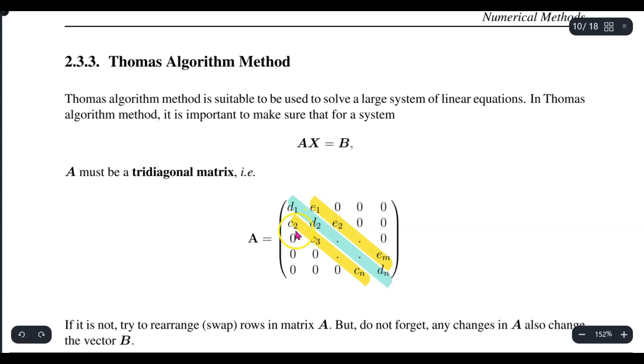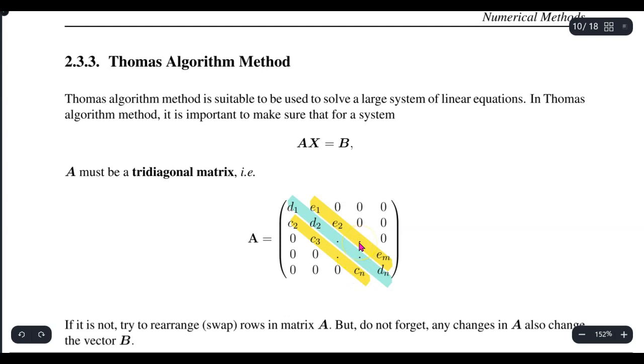But for the C, the notation starts at subscript 2 because the C starts at row number 2. So we have C2, C3 up to the Cn. That's in terms of notation, we have C, D, and E.